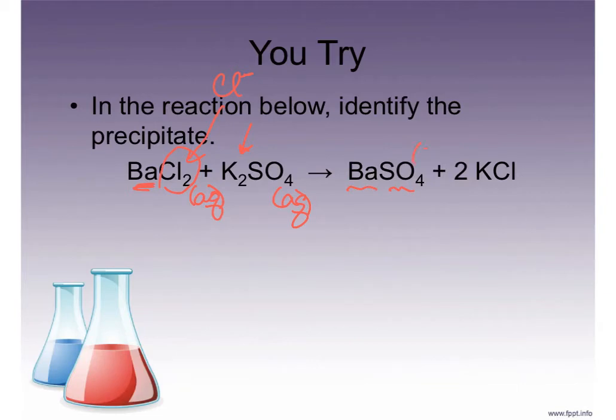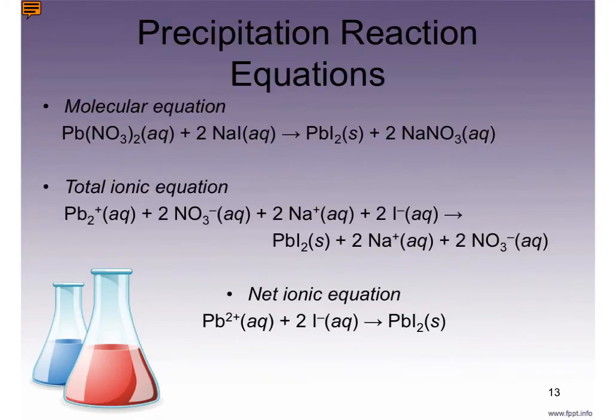So that is insoluble. We put S for solid. And again, here I'm happy because this potassium is a group 1 metal, and I know immediately then KCl is soluble. So now remember that if you don't have at least one precipitate on the product side, you would write no reaction. So this reaction will indeed occur because you have a precipitate.